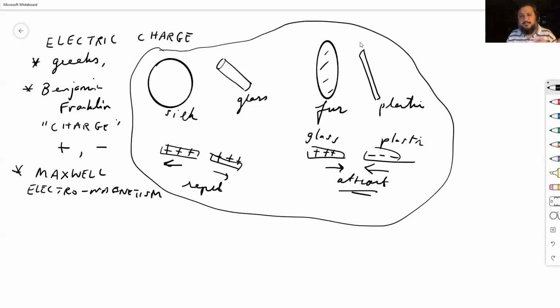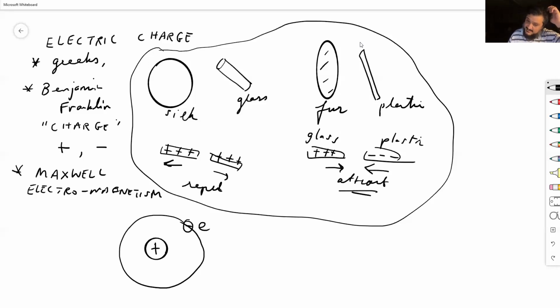But he didn't really know, I'm talking about Benjamin Franklin, he didn't really know why these charges existed in the first place, okay? And we now know that matter is made of atoms, and an atom is basically a positively charged nucleus and negatively charged electrons around the nucleus. And the thing that makes the nucleus a positive charge is this particle called proton.